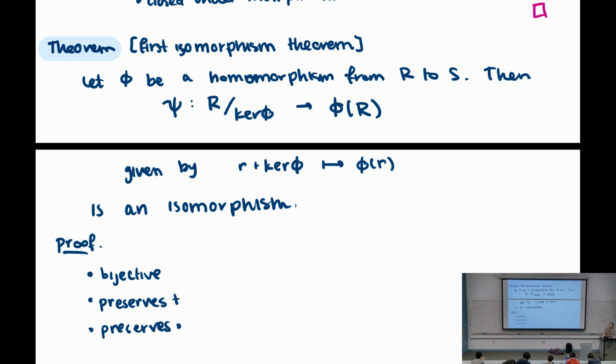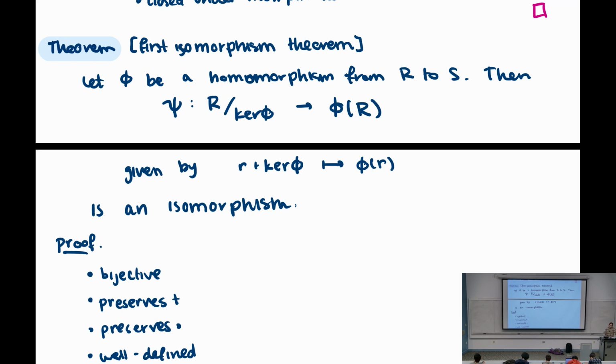And we would also need to show that it's well defined. So if I were to take two different ways to represent the same element of R mod the kernel of phi, that if I apply psi to those two things, then I get the same thing back.